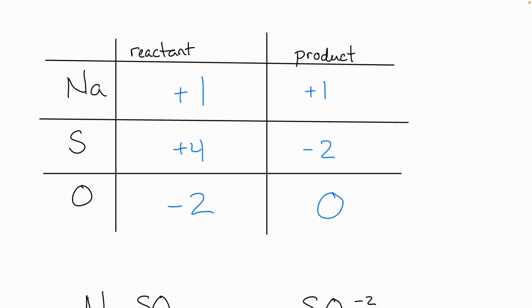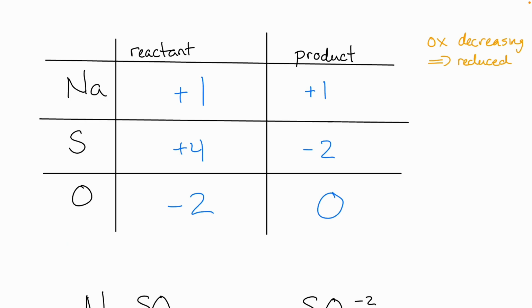What I think is the easiest is to look at this table and see which oxidation number is going down, because oxidation number decreasing means that that element is being reduced. For me that's easier to remember. Going down means reduced. Great.